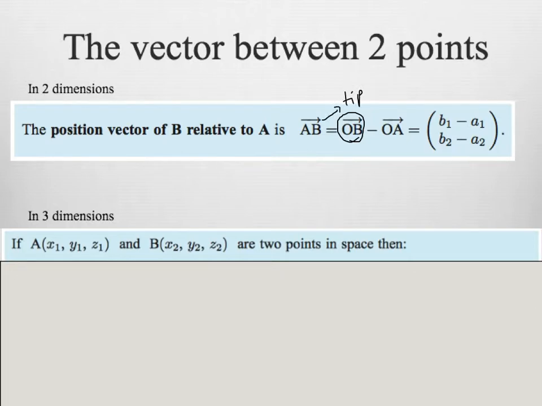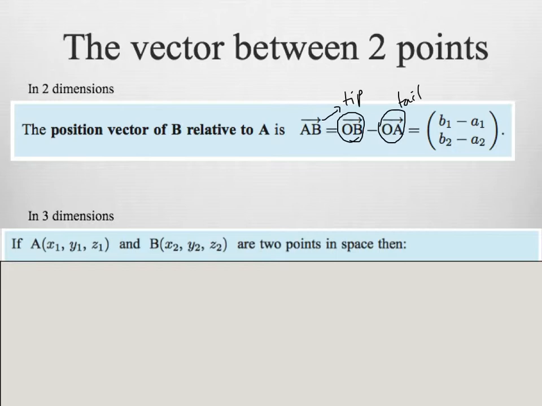This is my tip, and then we subtract the tail vector from the tip vector. So OB minus OA is going to be the vector of B relative to A, if I'm going from A to B.